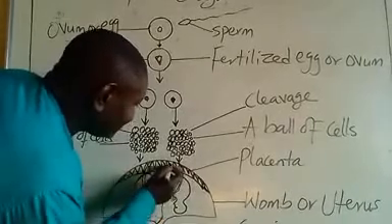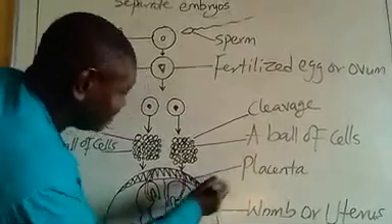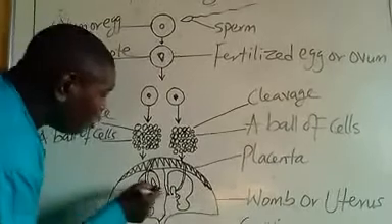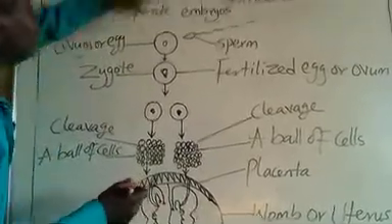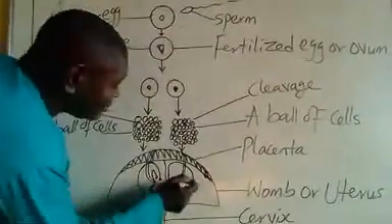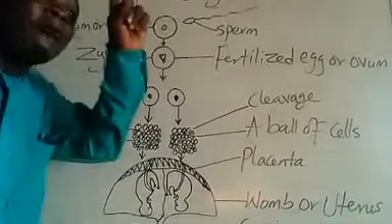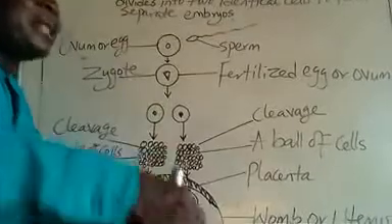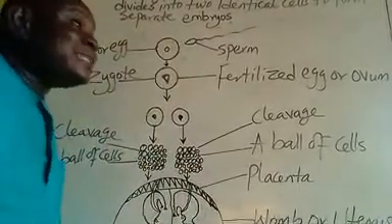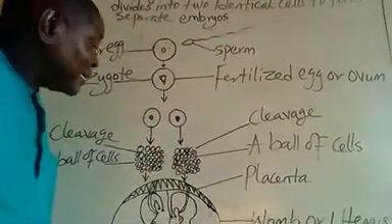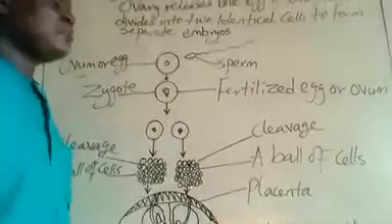Look at the placenta. These two babies, in identical twins, share the same placenta. They have one placenta. Both of them are sharing that singular placenta.